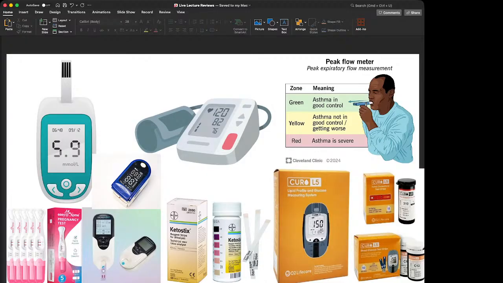some of them, like the peak expiratory flow, show how well the asthma is under control. And see how, with a glucose test, in this picture a test strip is being used to measure the glucose.